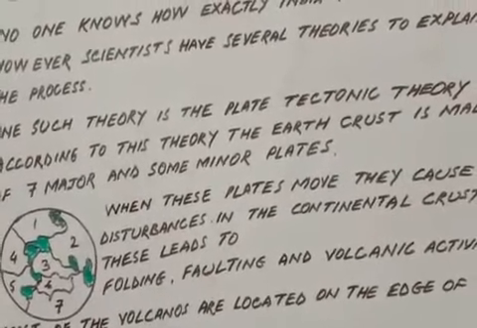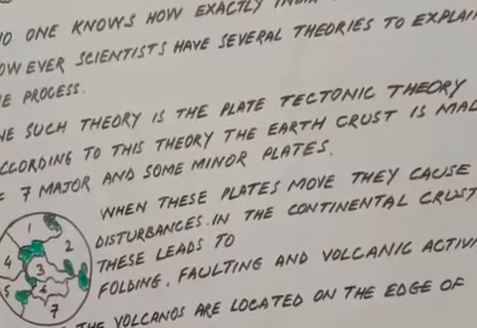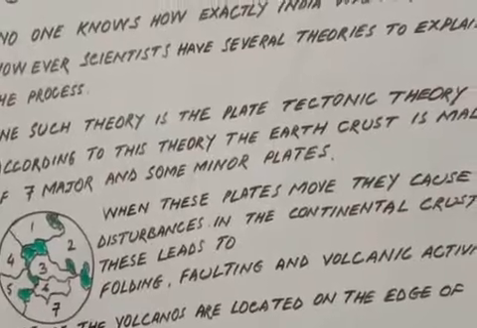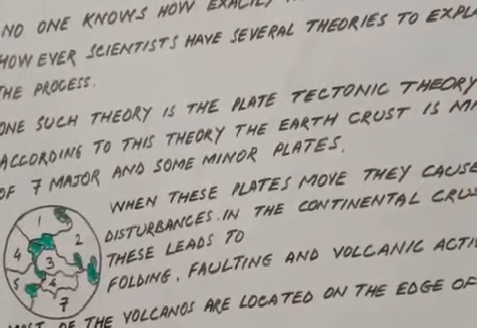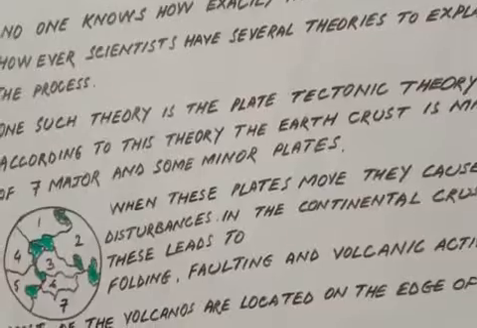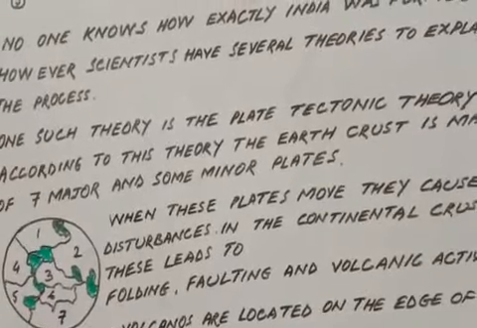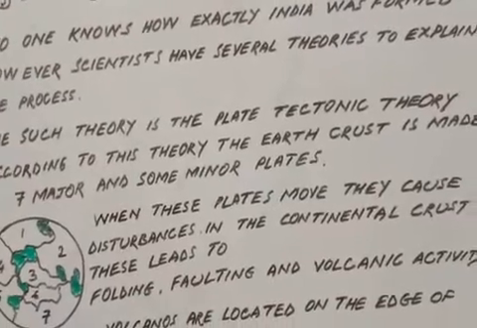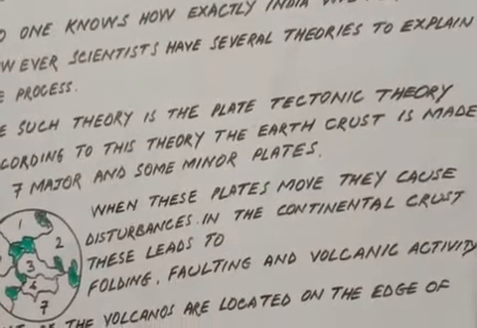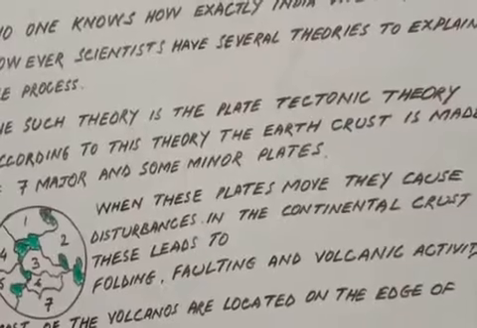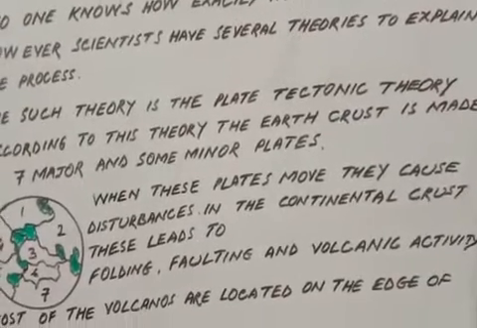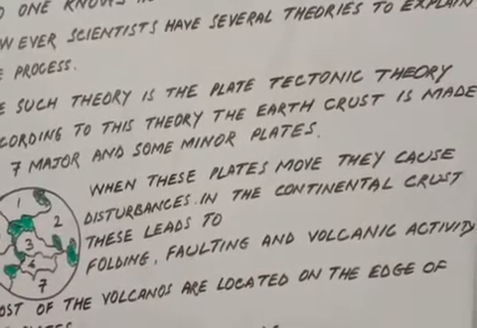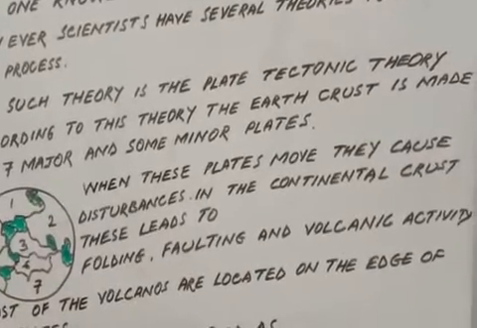When these plates move, they cause disturbances in the continental crust. These plates are not permanent or stationary, they are in continuous movement. And this movement creates disturbance on the earth's crust, and due to this movement, folding, faulting and volcanic activities happen.